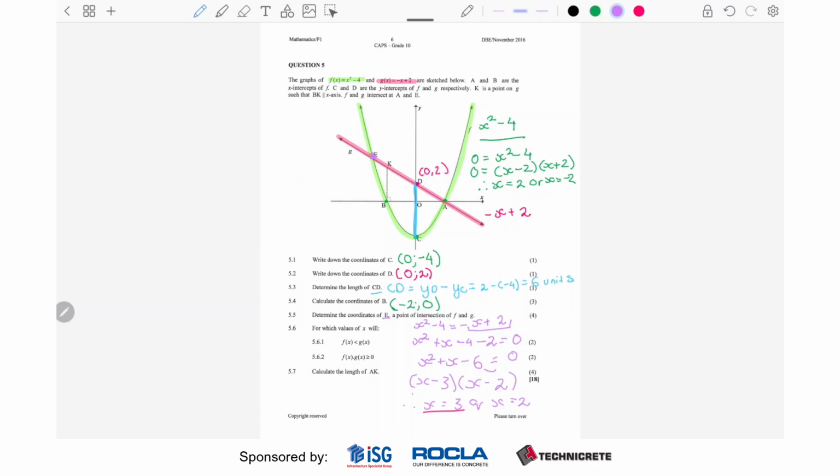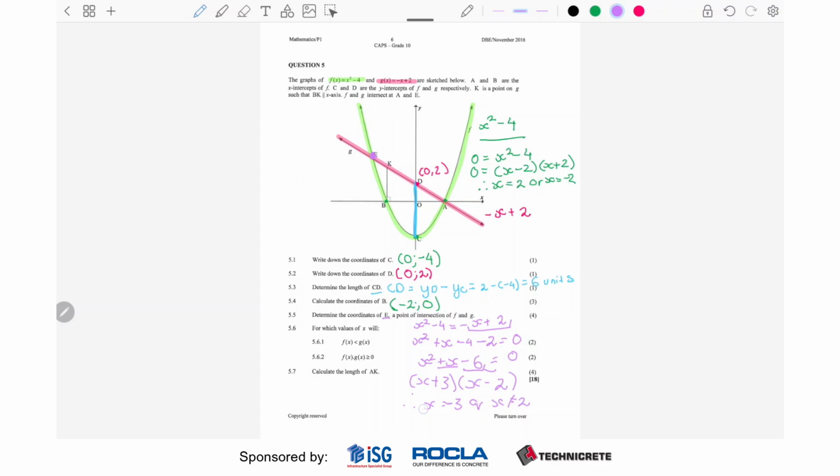Sorry, I miscalculated, didn't I? I made another mistake. So it's x plus 3, x minus 2 in order to give us positive 1, and to give us a negative, because two negatives together gives us a positive, and this is a negative 6. So therefore x can either be negative 3 or x can be 2. So since E is on the negative side of the graph, x cannot be equal to 2.